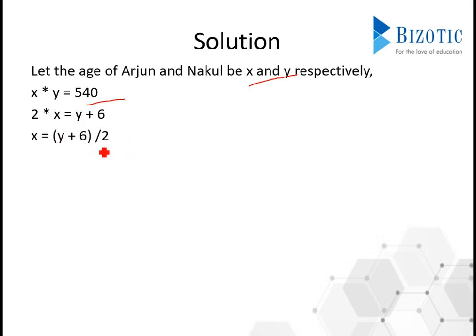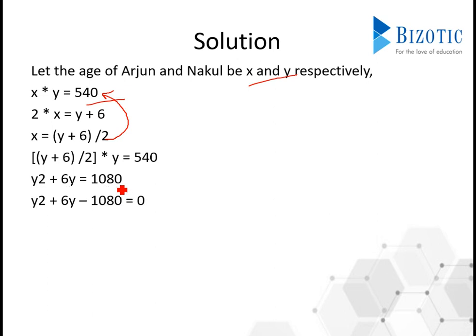So x is equal to (y plus 6) by 2. Now substitute this into the main equation. So we will get (y plus 6) by 2 into y is equal to 540. Now multiply by 2, and that will give you y square plus 6y is equal to 1080.